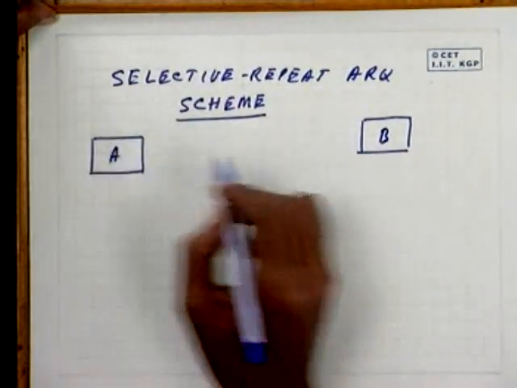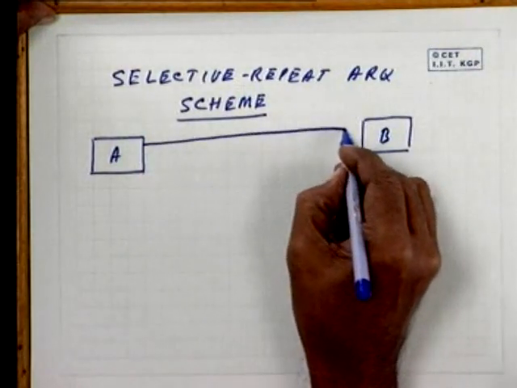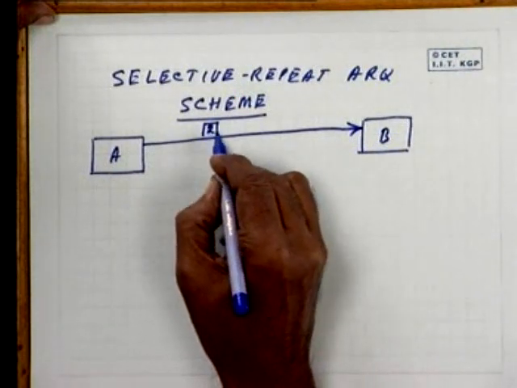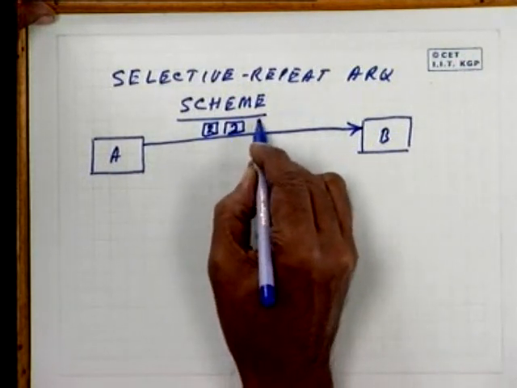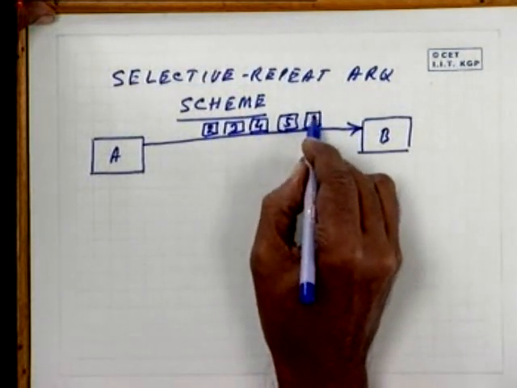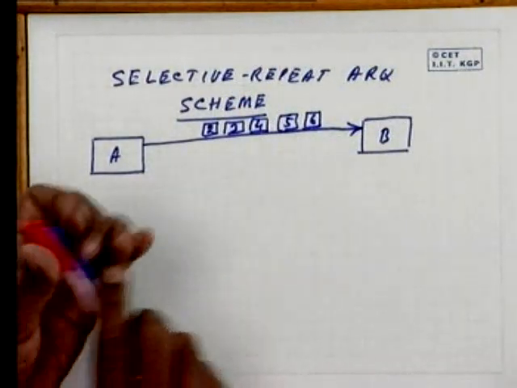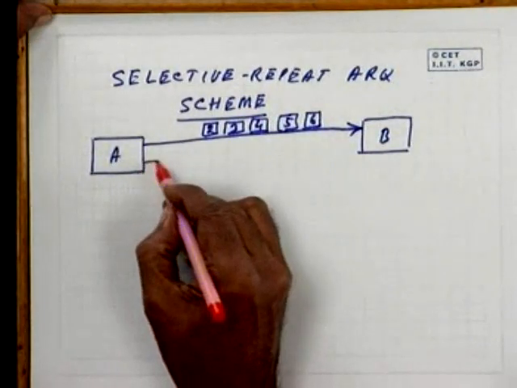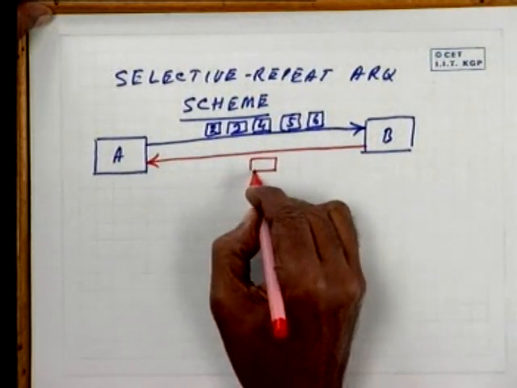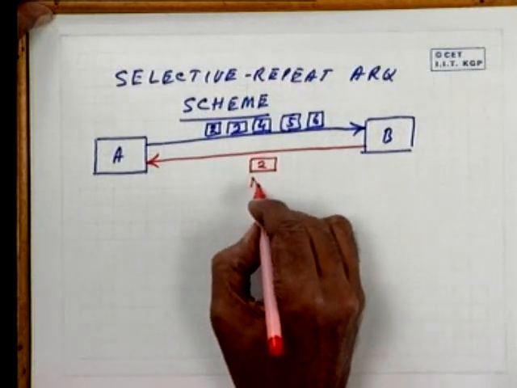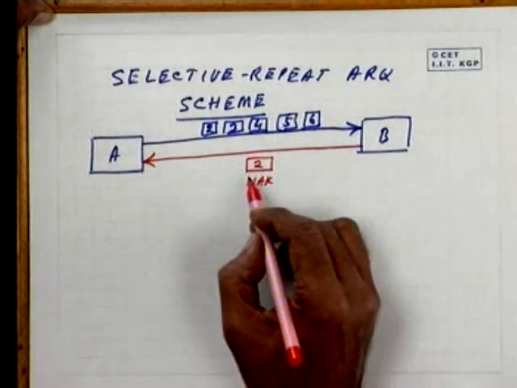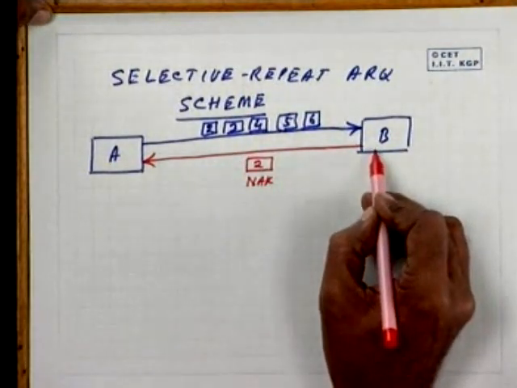Let's assume the sender A has sent 2, 3, 4, 5 and 6 frames, and the receiver has sent a NAK 2, no acknowledgement for 2. That means frame number 2 has been received in corrupted form by B.